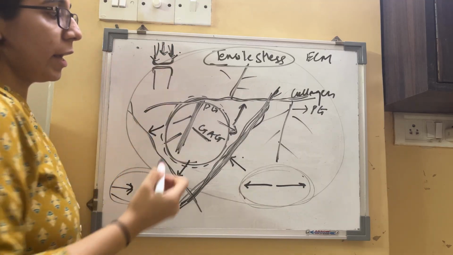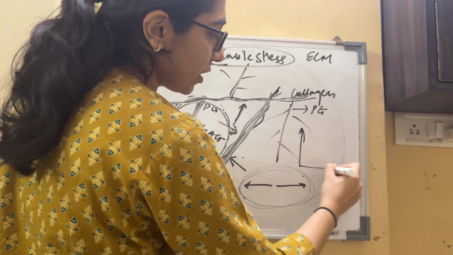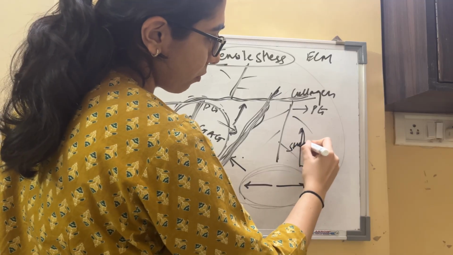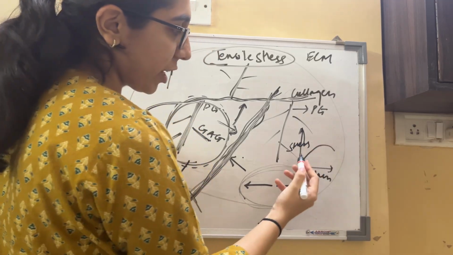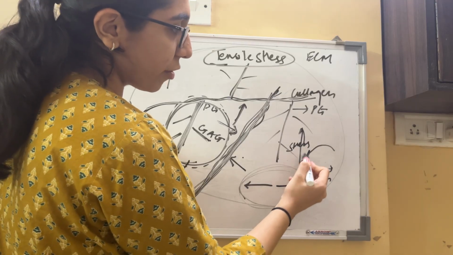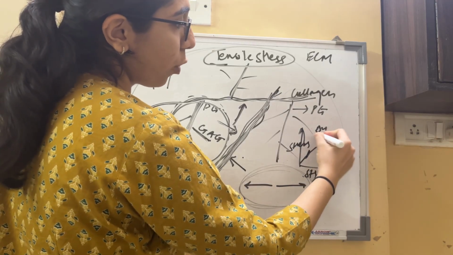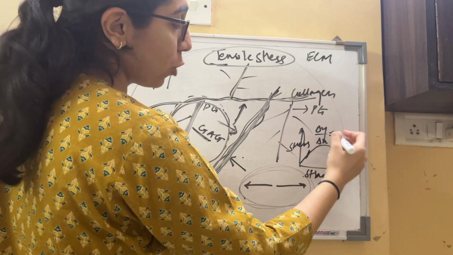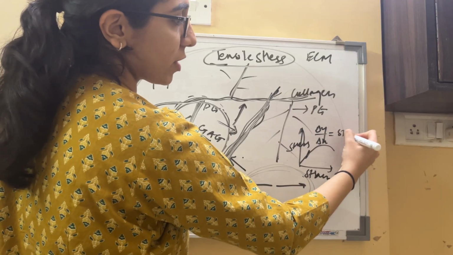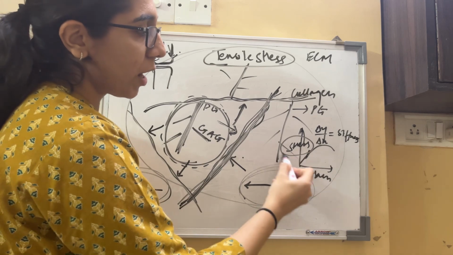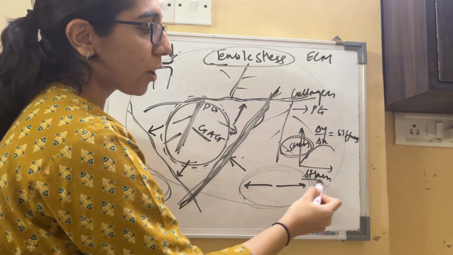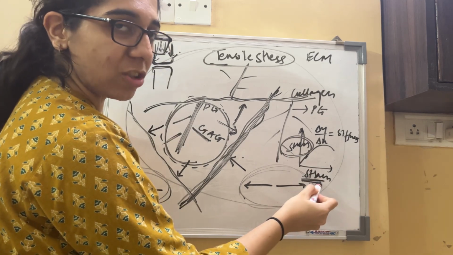By the stress strain curve, so this is the stress strain curve, and the slope of this curve gives stiffness. So whenever a particular stress is being applied, that object undergoes certain strain.